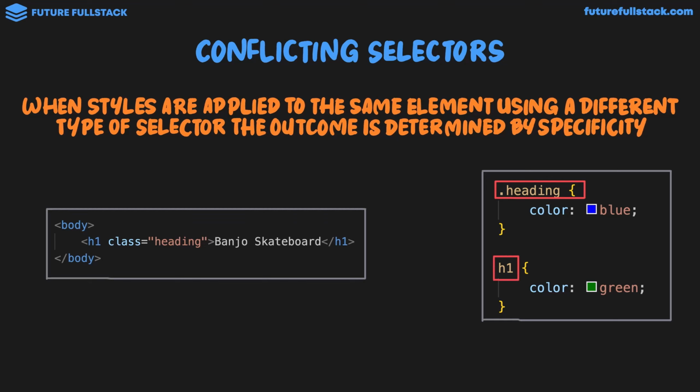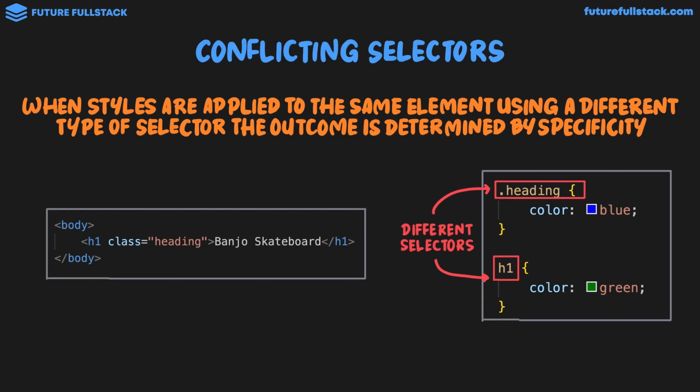So now in this case, we have different selectors, a class selector and a type selector, but they're both targeting the same H1 element. And not only are they targeting the same element, they're applying conflicting styles. The class selector is styling the heading to be blue, whereas the type selector is styling the heading to be green.